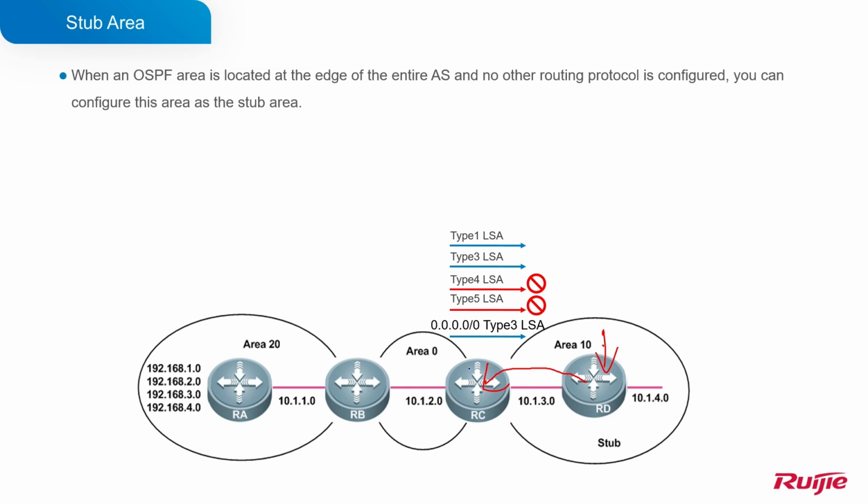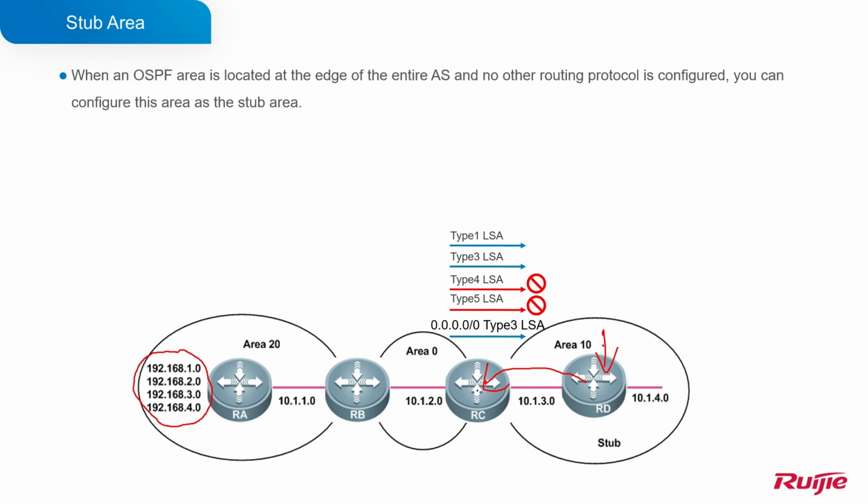Okay, and for the other routes, such as here 192.178.10, for this external network information, if we want to access this external network, we have to transmit the packet to RC, right?